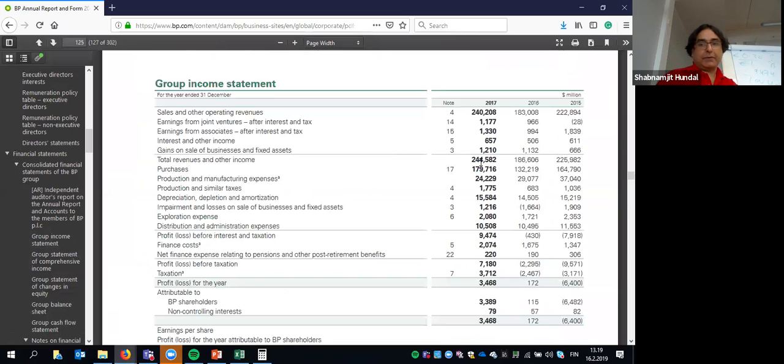This is total revenue of the company. Sorry, which one is it? This is the income statement. Yes, and this is total revenue of the company. Because the formula is operating profit divided by total revenue. And total revenue is here.